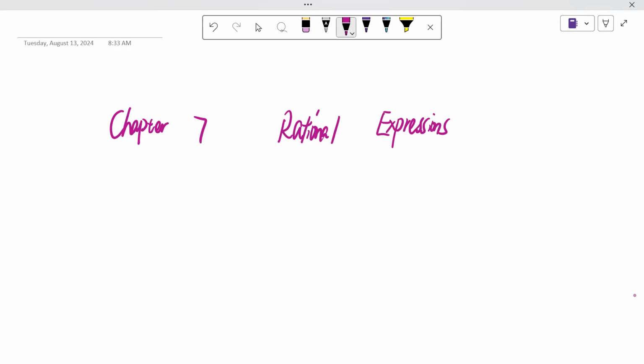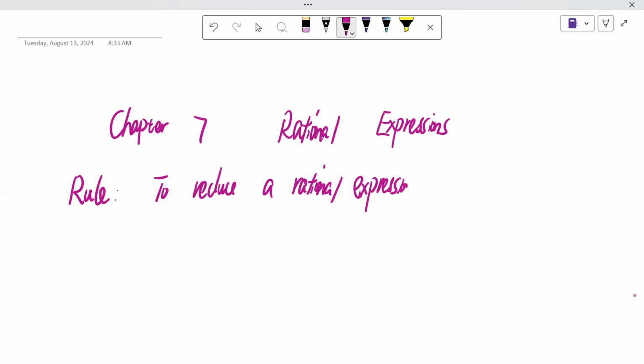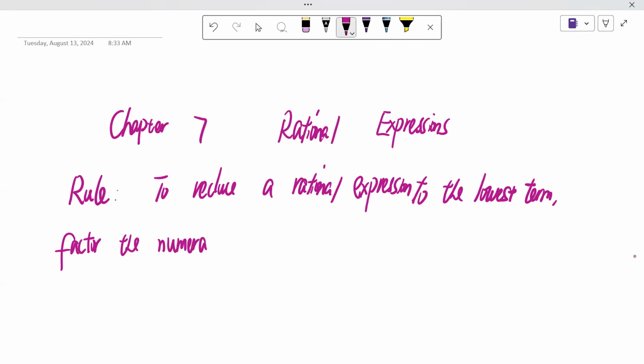The rule is, in order to reduce a rational expression to the lowest term, we just factor the numerator and denominator completely, and then cancel the common factor.